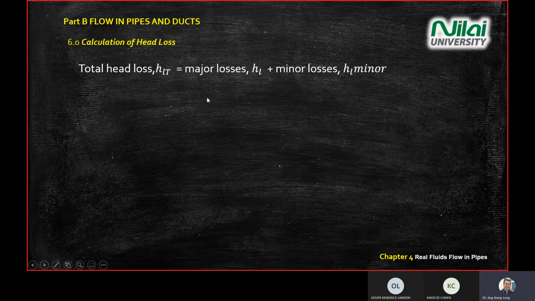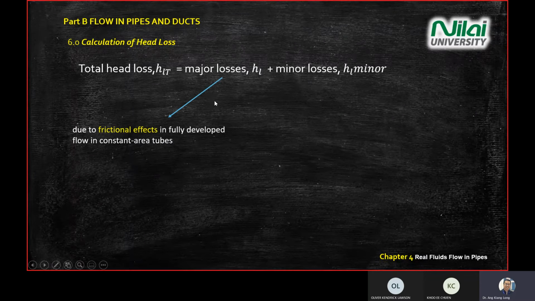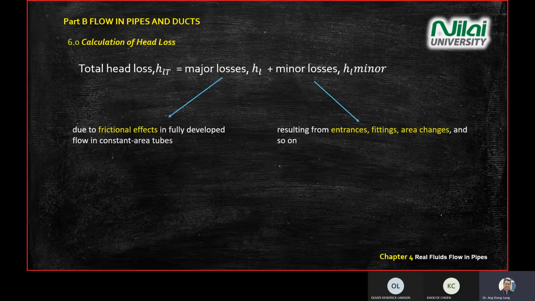All right, what is the difference between major and minor? As you can see from the screen here, major loss is because of the friction effect, which is the surface condition of the pipe. Second one, the minor losses.